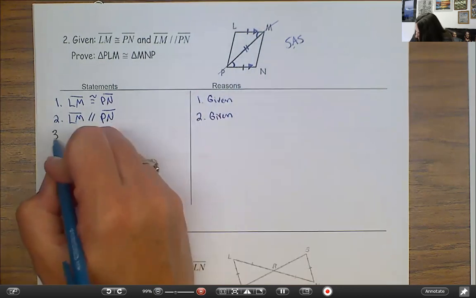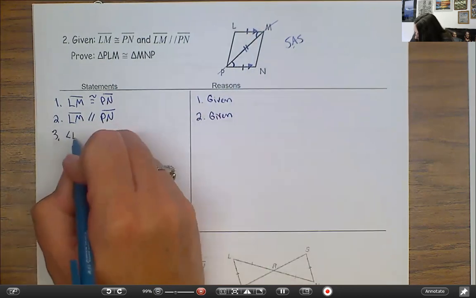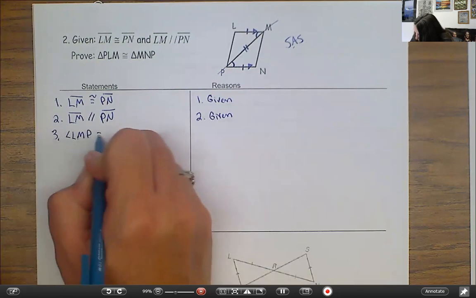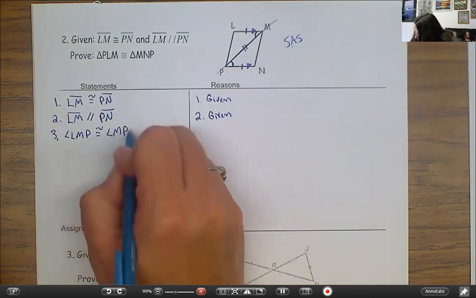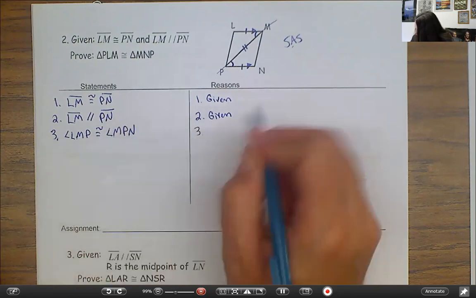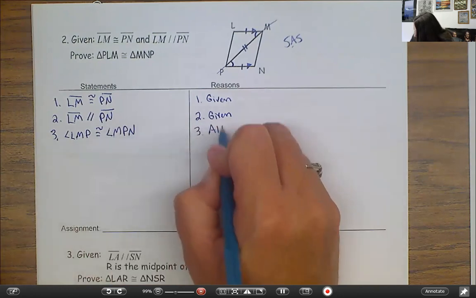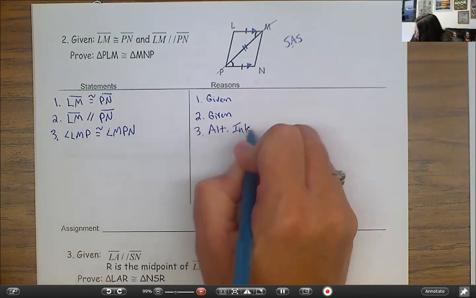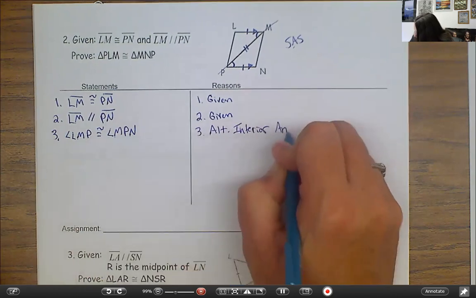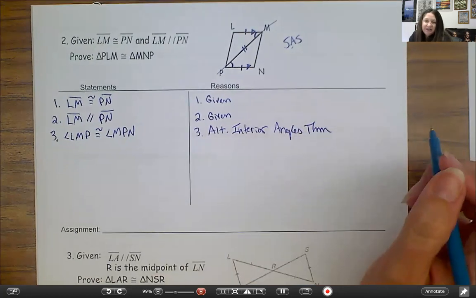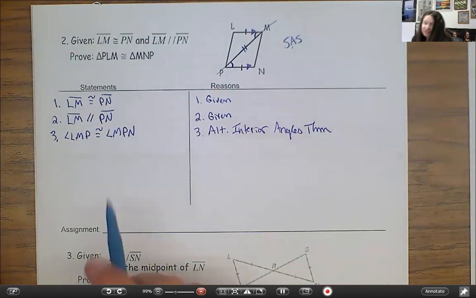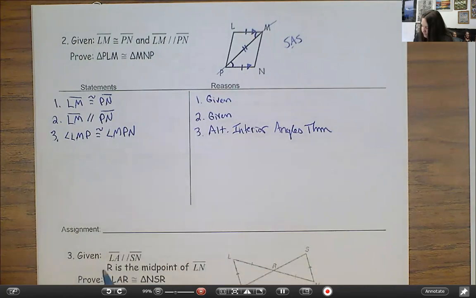So my next step here would be angle LMP is congruent to angle MPN. And again, those were alternate interior angles. So I can use that alternate interior angles theorem to show that those are congruent.